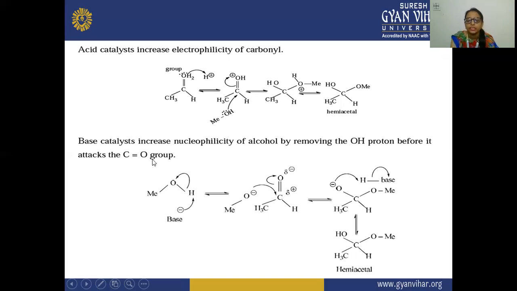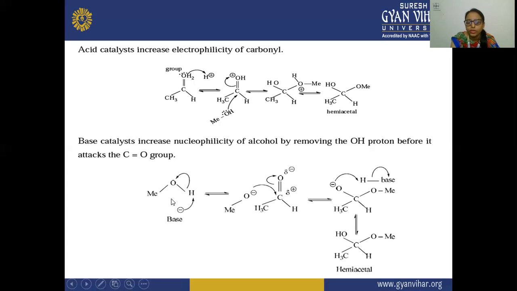Next, base catalyst increases nucleophilicity. The acid catalyst is increasing the electrophilicity of the carbonyl, which means the electrophilicity of this carbon is increasing. And the base catalyst is increasing the nucleophilicity. So here the base catalyst is increasing the nucleophilicity of the alcohol by removing the OH proton before it attacks the C=O group.